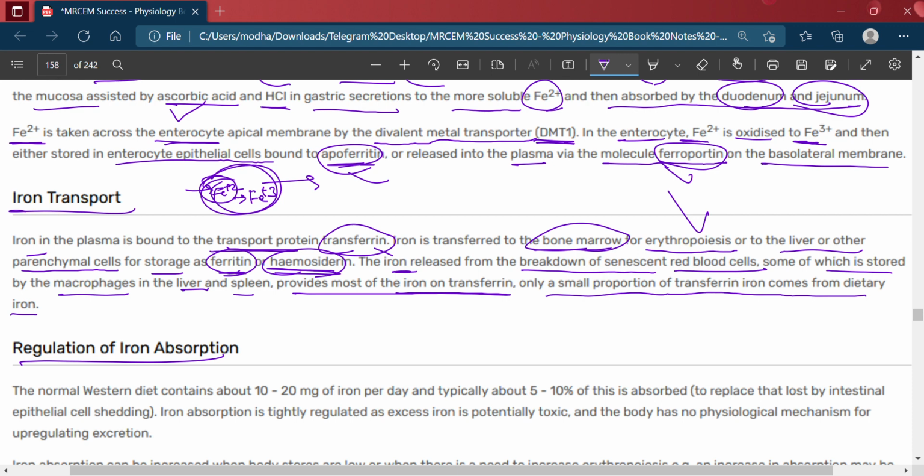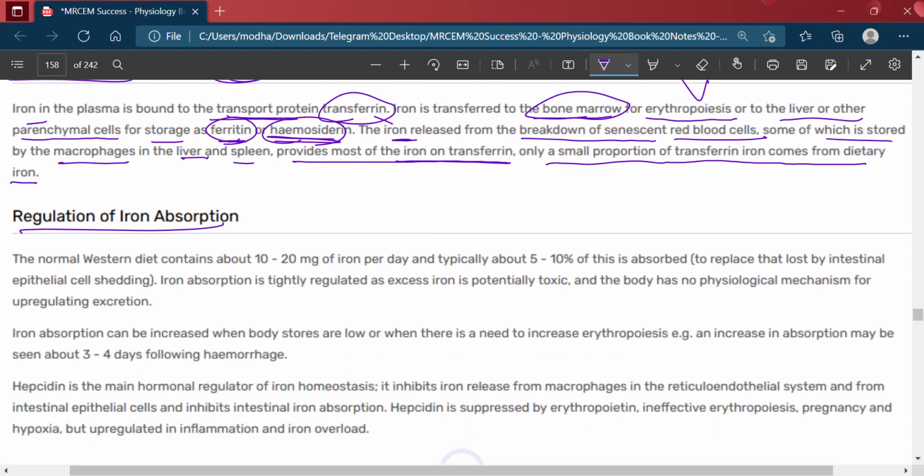Then the regulation of iron absorption. The normal western diet contains about 10 to 20 mg of iron per day, and typically about 5 to 10 percent of this is absorbed, to replace that lost by intestinal epithelial cell shedding.